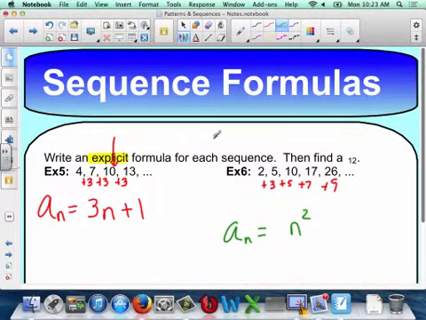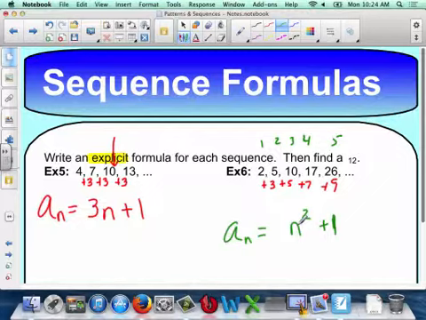Okay, so we look at first term, second term, third term, fourth term, and fifth term. So plug in 1. What's 1 squared? 1. How do we go from 1 to 2? Okay, now let's see if that works. Let's try 4. What's 4 squared? 16. 16 plus 1 is? So does that work? No.